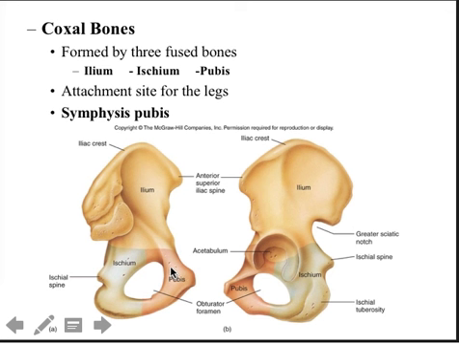From medial aspect, you can see the articulation point for the sacroiliac joint here with the sacrum, and you can also pick up again the ilium, the ischium, and the pubis in the front. Okay. This area here is called the anterior superior iliac spine. This is the iliac crest, and then the posterior superior iliac spine would be this area in the back.